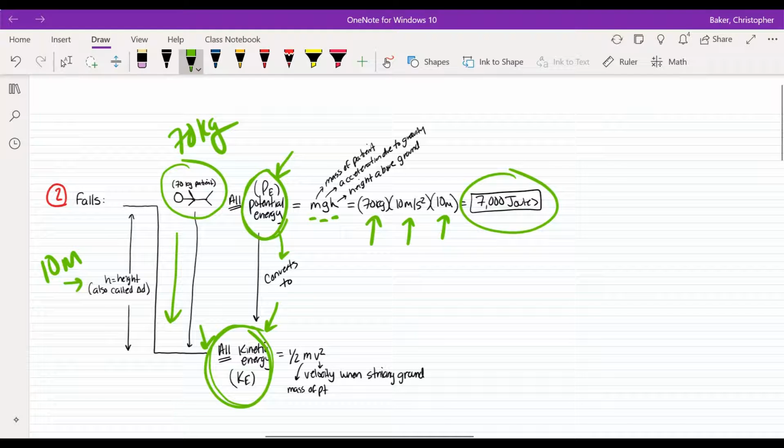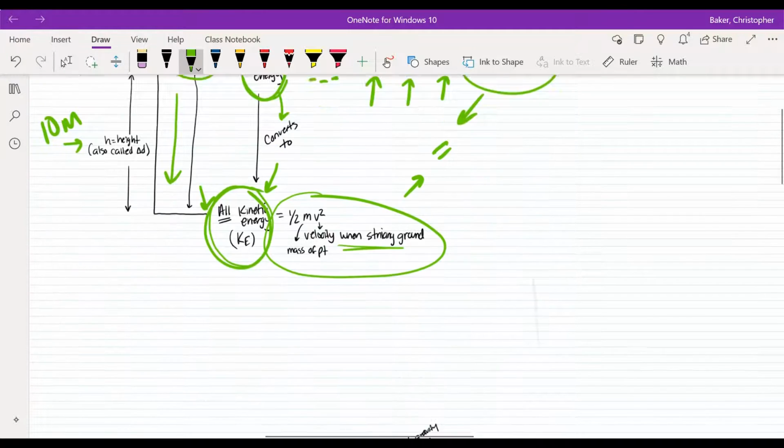Okay, we can't calculate his kinetic energy because we don't know the velocity when he strikes the ground, because for kinetic energy it's 1/2 mv squared. But we can set these two equal to each other, and that's what we're going to do below.